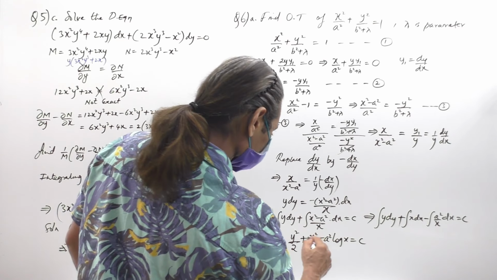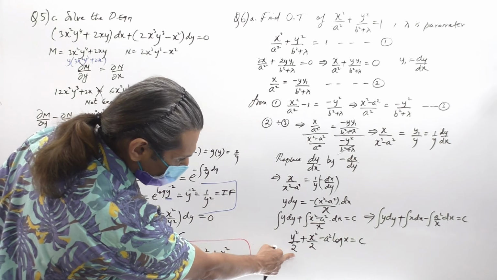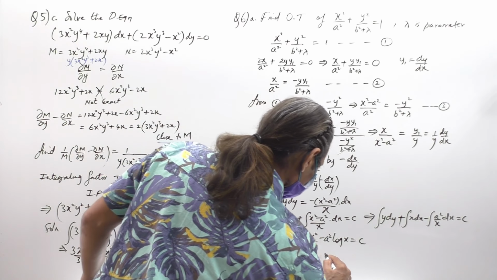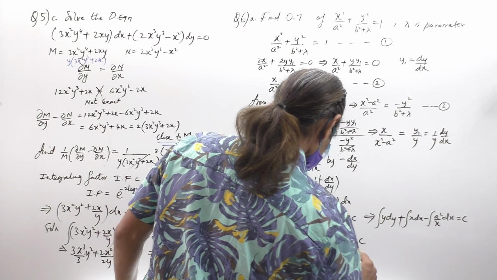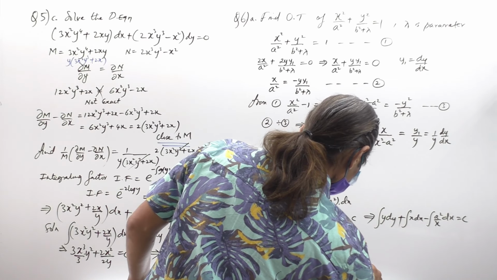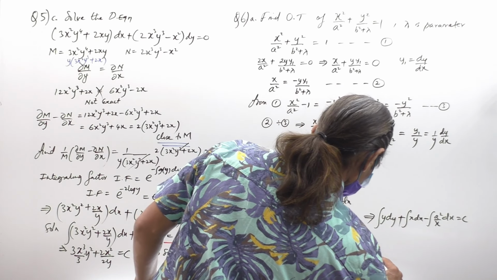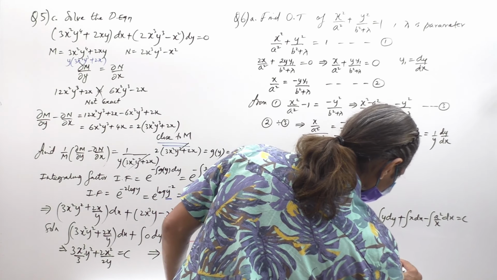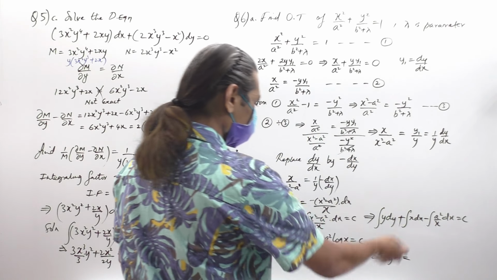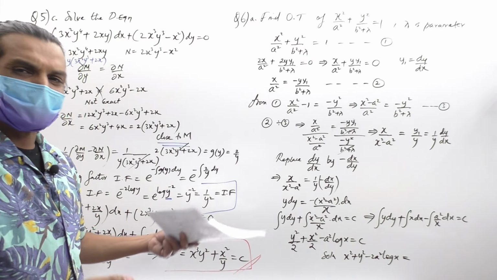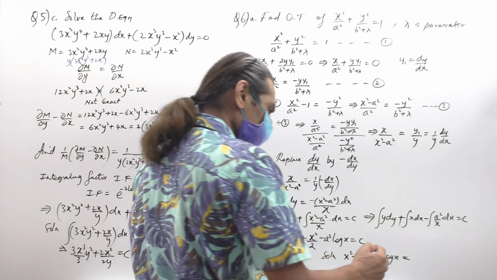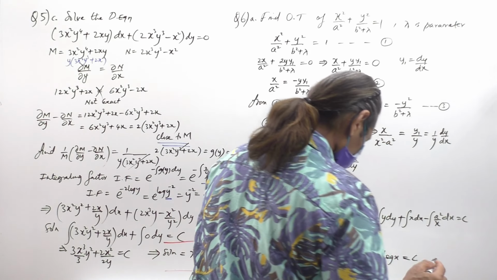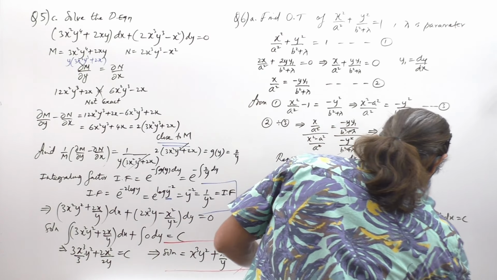I can rewrite it: 2 is common, taking the LCM, the solution is x square plus y square minus 2a square log x equals 2c. Since 2c is a constant only, I take it simply as c. That's all, so that's the solution.